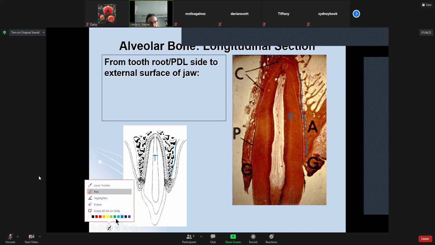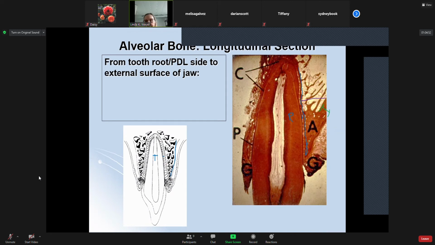In the middle here, I can see this is all spongy bone, the spicules of bone separated by marrow spaces. And then back out here on the buccal aspect, or the lingual aspect, I'm back to the compact bone.